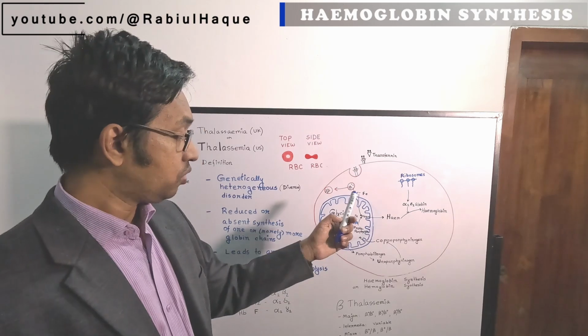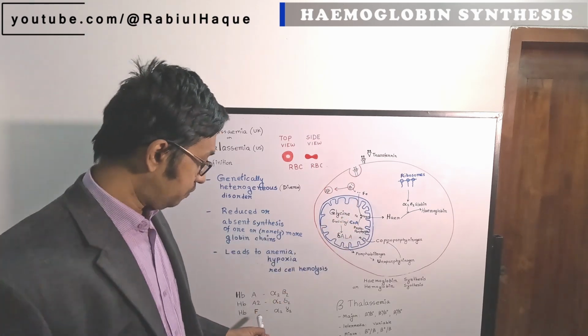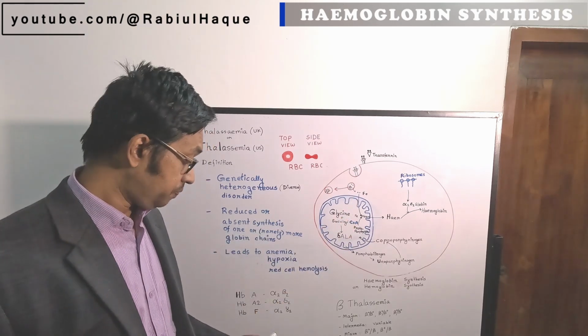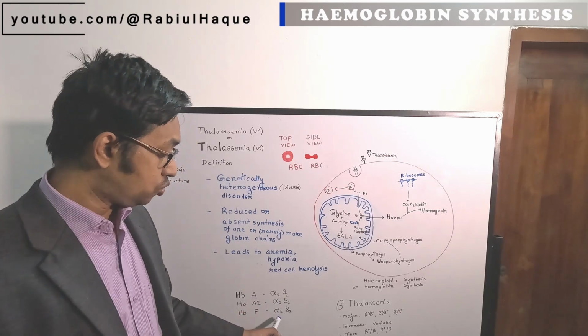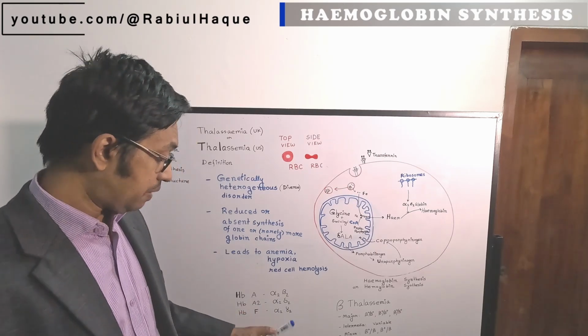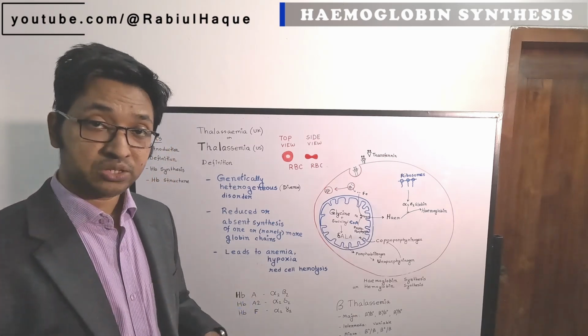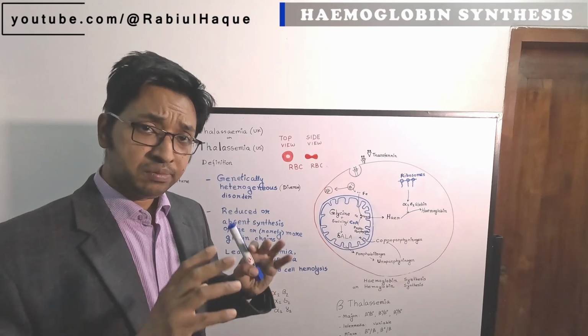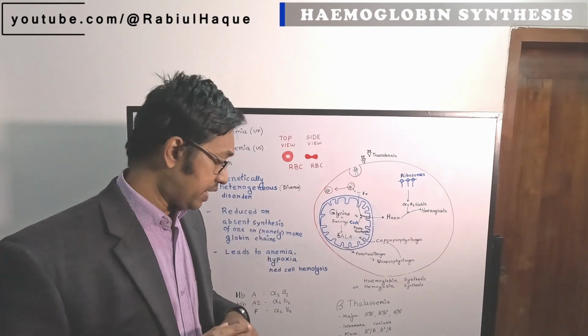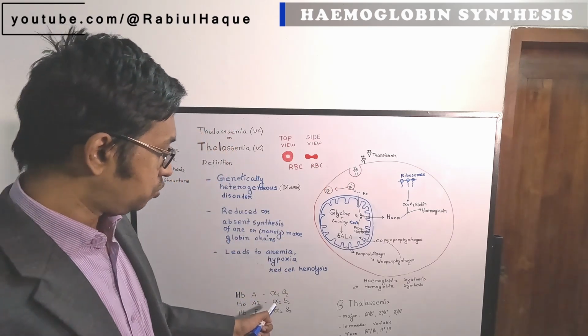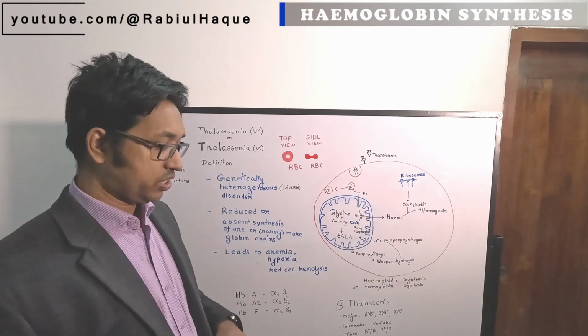Similarly, the hemoglobin that we see in fetal life, known as hemoglobin F, contains 2 alpha and 2 gamma chains. And hemoglobin A2, another hemoglobin that we have in a very small percentage in adult life, contains 2 alpha and 2 delta chains.